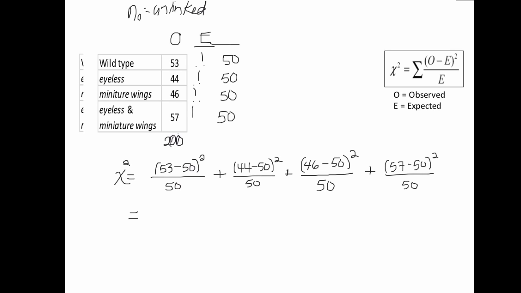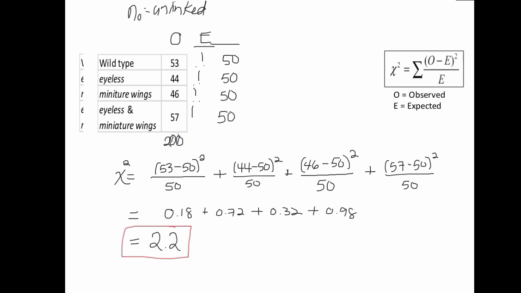So if you do the correct math then, these are the numbers that you come up with, resulting in a chi-squared value of 2.2. So that is our chi-squared value for this data.